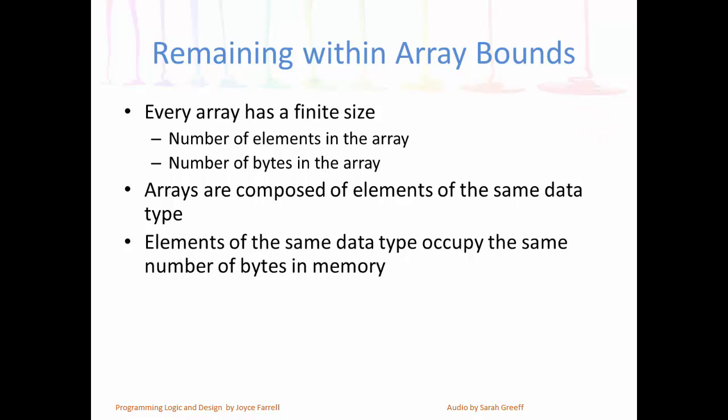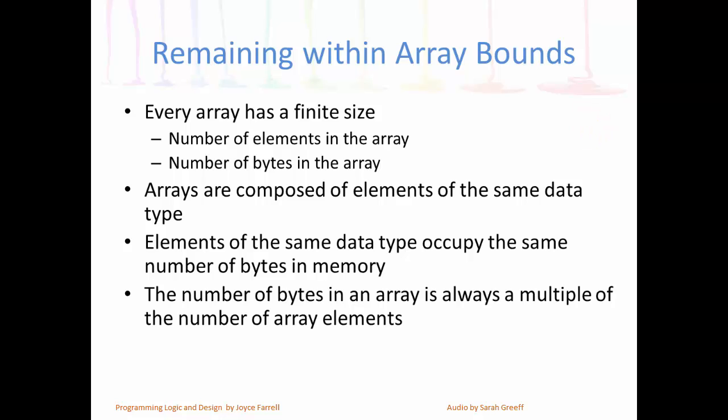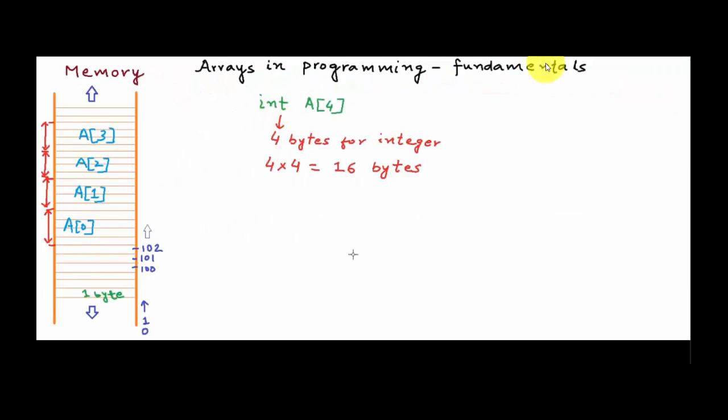Now, if you recall from the previous section, the number of bytes in an array is always a multiple of the number of array elements. When I talk about the multiple of the number of array elements, take an integer, for instance. An integer stores 4 bytes in memory. So we're going to have 4 by 4, which is 16 bytes.